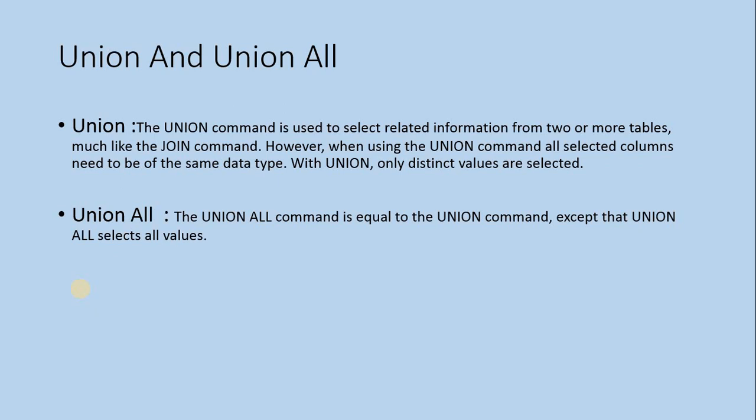With UNION, only distinct values are selected as a result set. The UNION ALL command is equal to the UNION command, except that UNION ALL selects all the values. It will not use distinct sort.